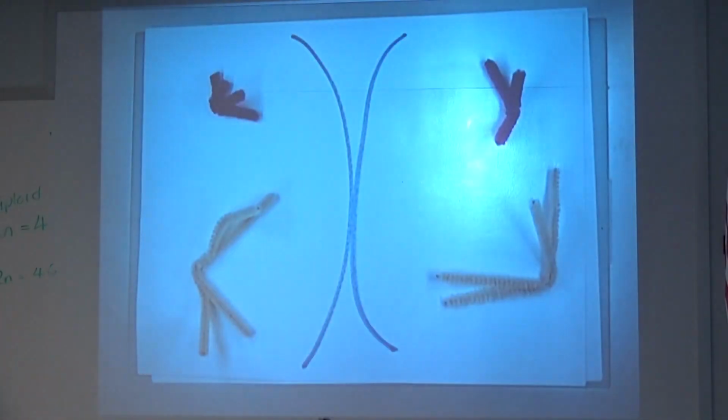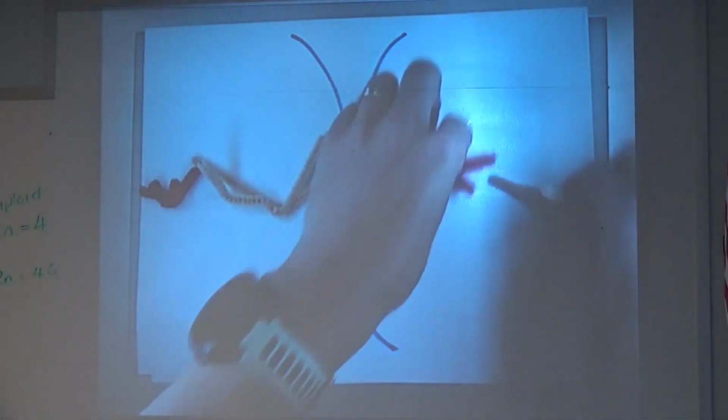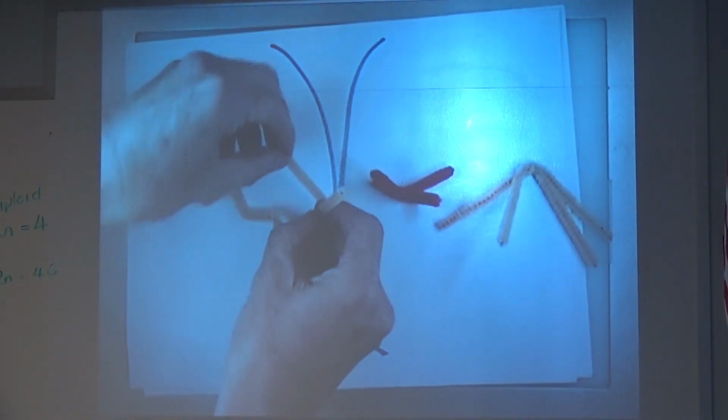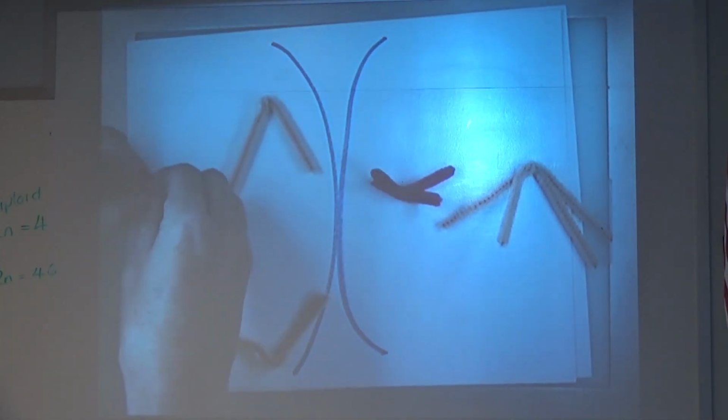Prophase 2. Build a spindle, do your thing. Metaphase 2. Line them at the middle. Anaphase 2. Pull apart, this time we're pulling apart the individual replicated chromosomes, separating the chromatids.